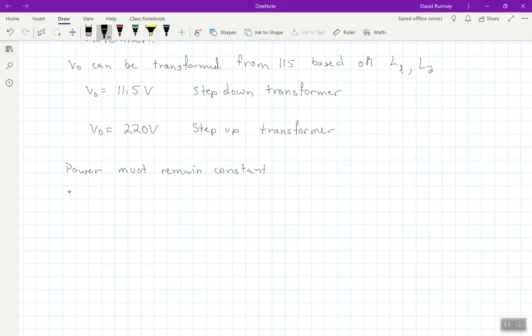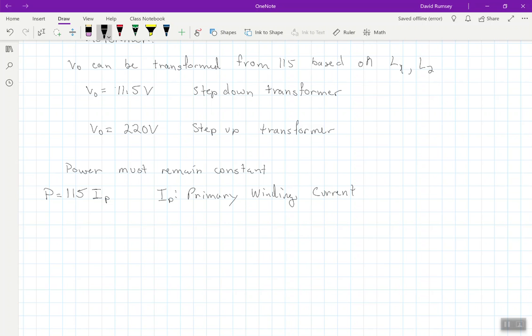So if that's the case, if we have 115 times, I'll just say IP, this is for my IP, which would be the primary winding. That's what we call the left side. So this would be my power.